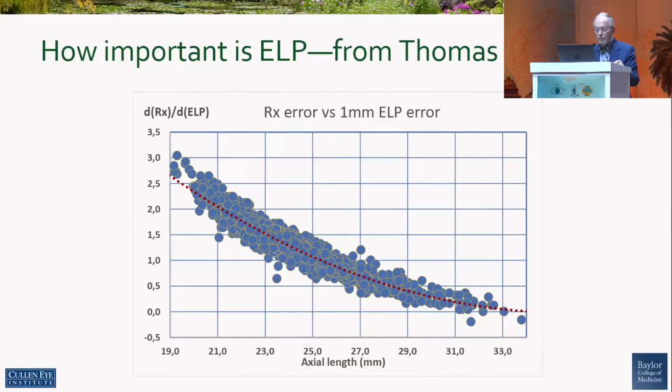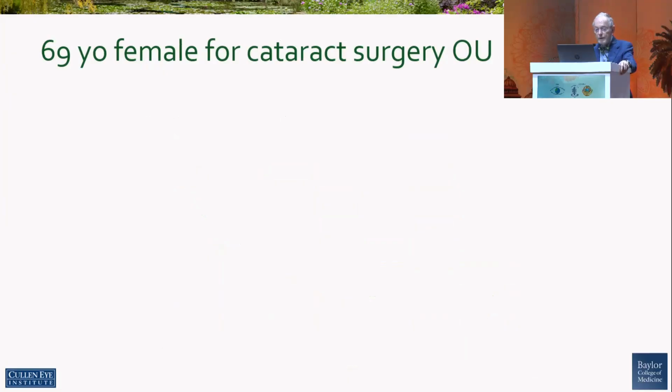And this is a wonderful slide from Thomas Olsen, inventor of the Olsen ray tracing formula, where as you can see, as you move to the left, the shorter the axial length, the greater the error. 1 millimeter error in ELP results in errors in the accuracy of 2 diopters or more. And here's a good example.